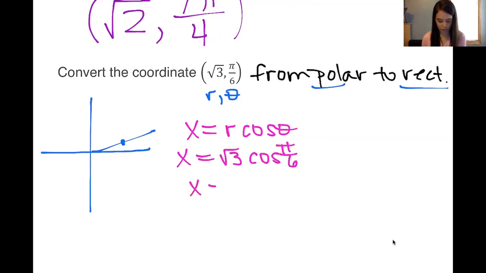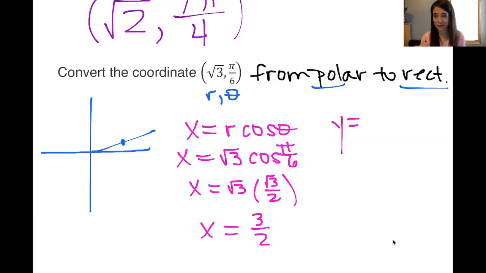Ladies and gentlemen, what is the cosine of pi over 6? I hope you said radical 3 over 2. So radical 3 times radical 3 over 2 would give us 3/2. Then for y, very similar to our vector unit, y is r sine theta.